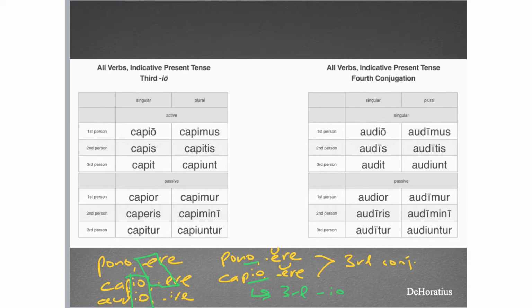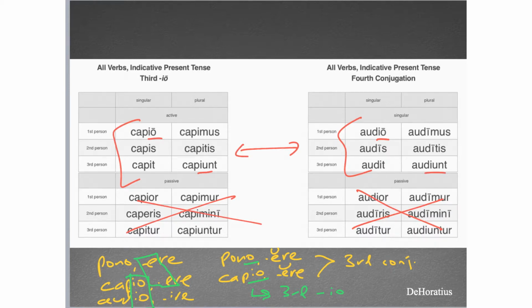But what that IO tells us is that it is essentially going to function as a fourth conjugation verb. So if we look at the chart here, ignore the passive as we've been doing, you can see that everything here is the same. You've got the IO in the first person singular. Everything else is the same. And then you've got the IUNT in the third person plural.